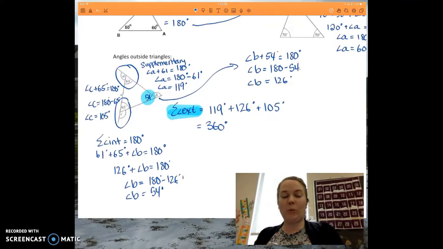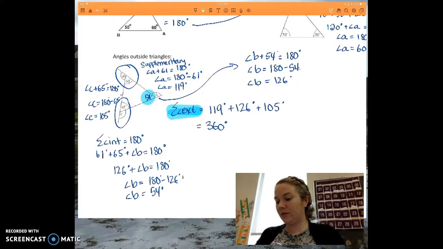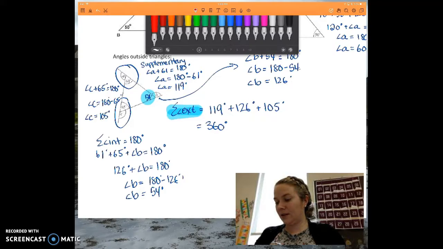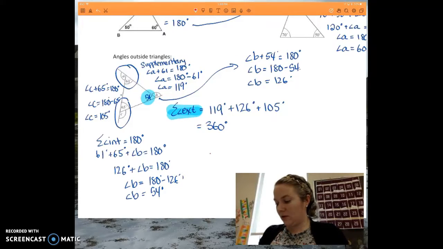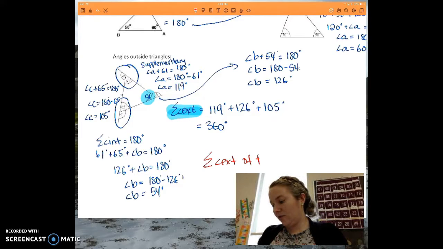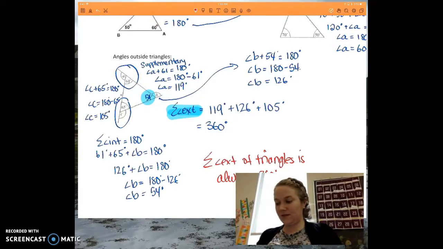And if we tried that on a whole bunch of triangles, we'd find that that stays true for all the triangles. They're always going to be 360 degrees. So I'm going to highlight that for you. Actually, I'm going to write that in red. So the sum of exterior angles of triangles is always 360 degrees.